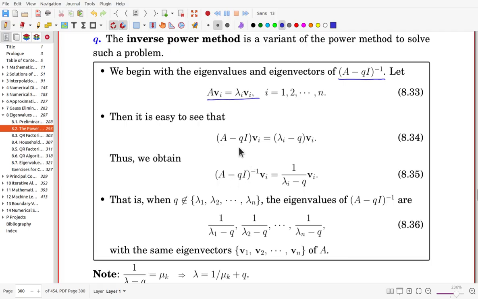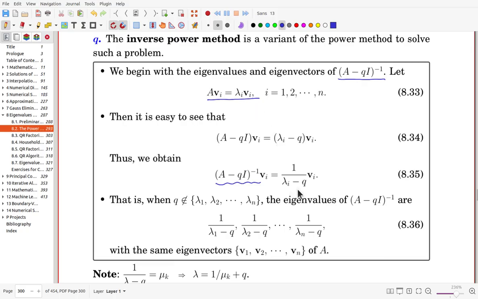Now we multiply by the inverse of A minus qI on both sides, so that it will disappear. The inverse will appear here, and divide by lambda i minus q, so that we put this one over there and here. Then we reach that one. This is a simple algebraic manipulation.